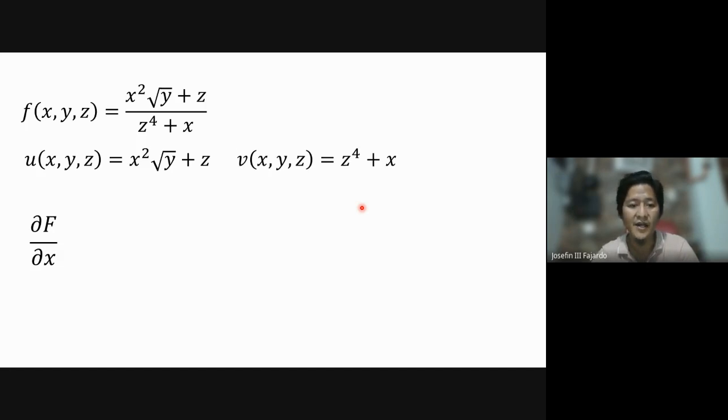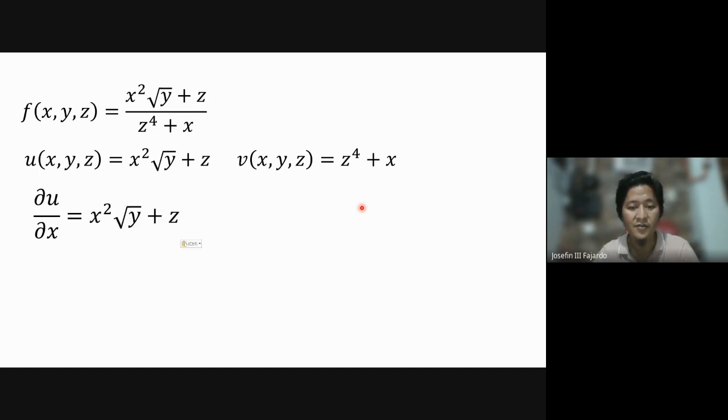Kunin natin yung partial derivative of u muna, with respect to x. So this will be what? So ito yung kukuhanan natin ng partial derivative with respect to x.